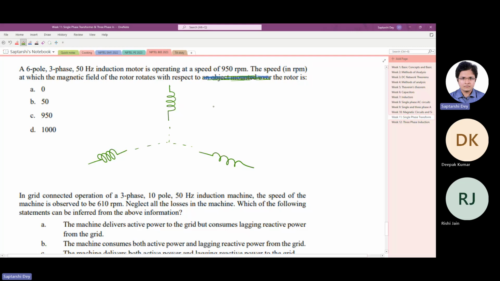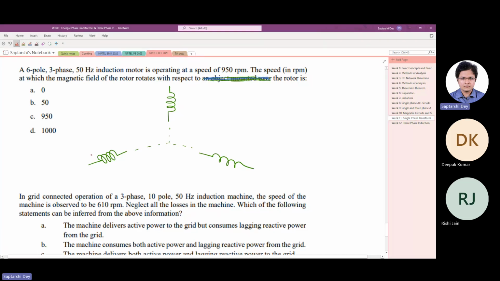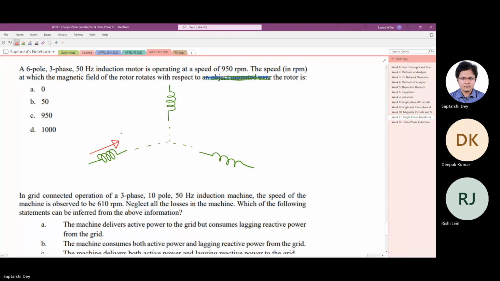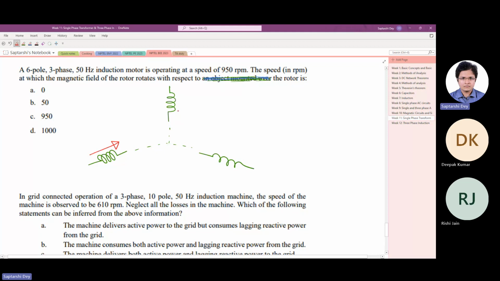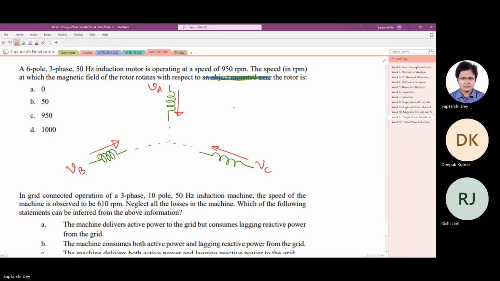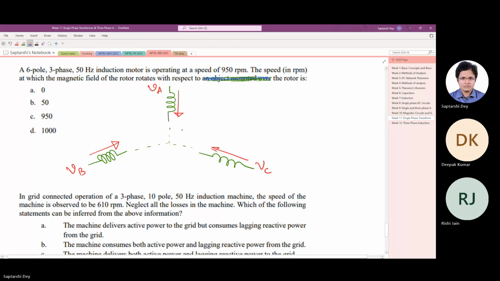So I have 3 coils placed like this. This one will generate one magnetic field, this another, and this another, and they are supplied by 3-phase supply VA, VB, VC. So the resultant magnetic field that we get here, how does it look?